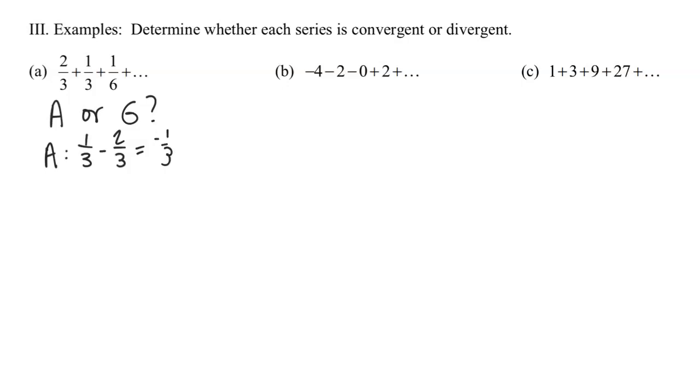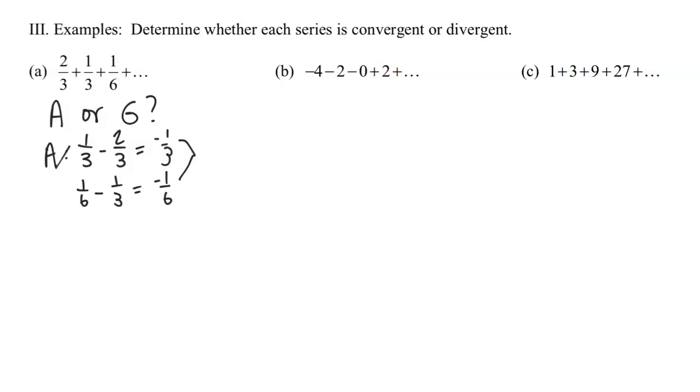Now, if I take the next term after that, which would be 1/6, and I subtract the previous term, which is 1/3, this is going to give me -1/6. And notice that these two differences do not match up, and so therefore this is not an arithmetic series.